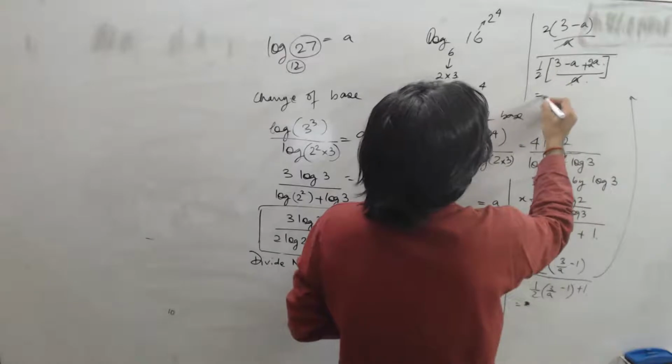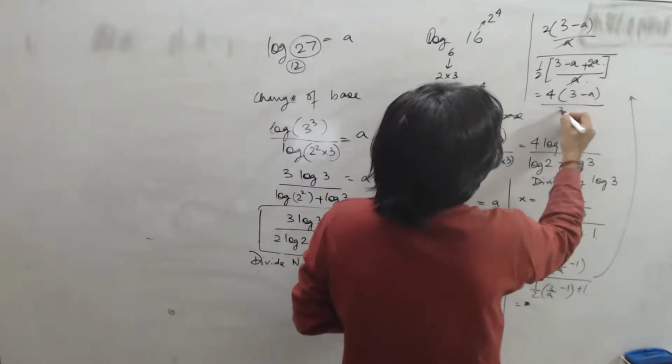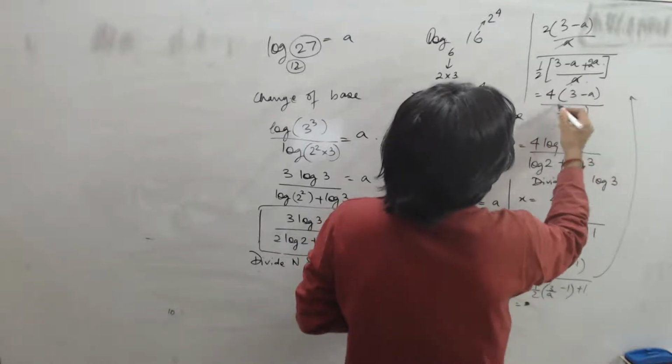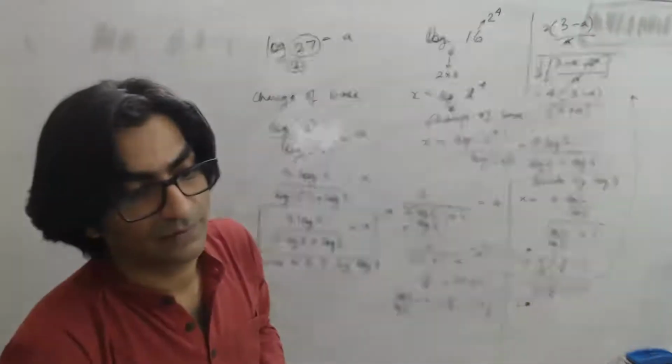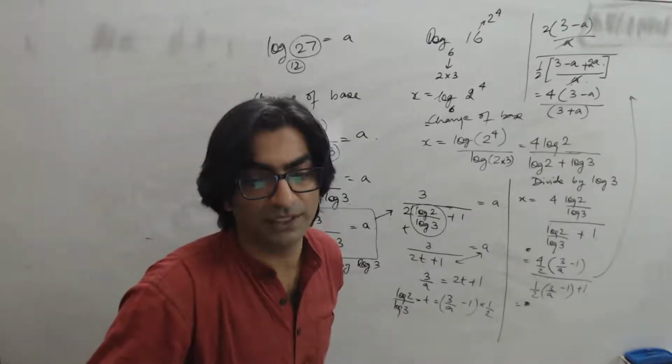This 2 will go into the numerator. This will become 4 times 3 minus A upon 3 plus A. 4 times 3 minus A upon 3 plus A is option D.